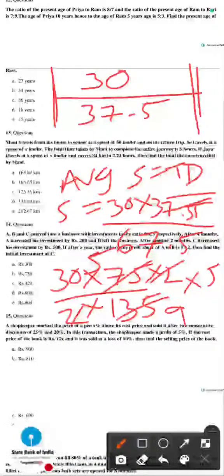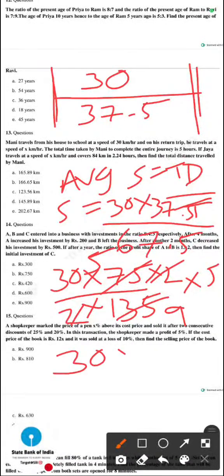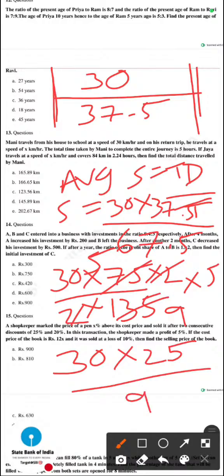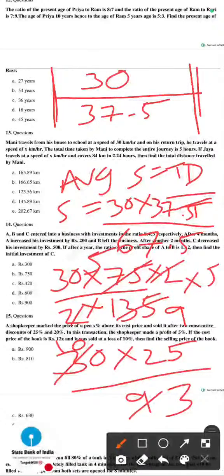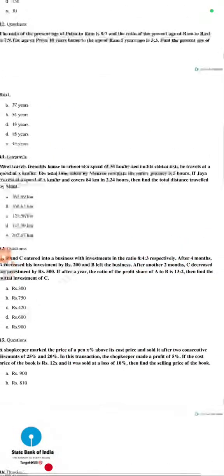So what we are left with is 30 into 25 divided by 9. 3 tens are 30, so we are left with 250 divided by 3. So we get the value of 83.33.